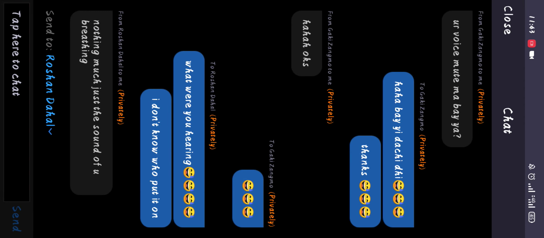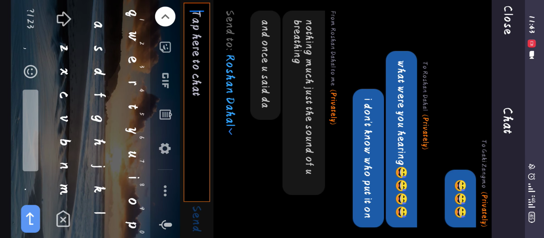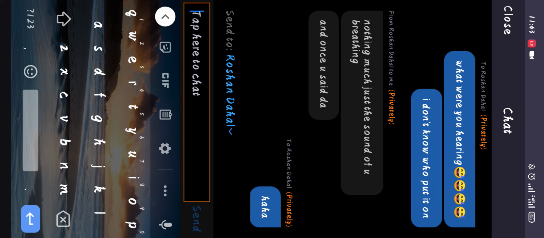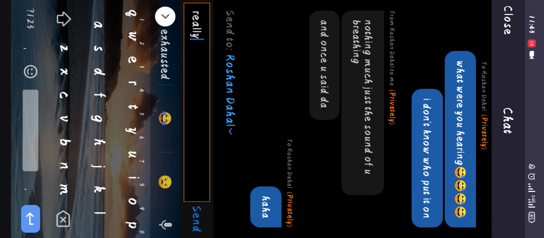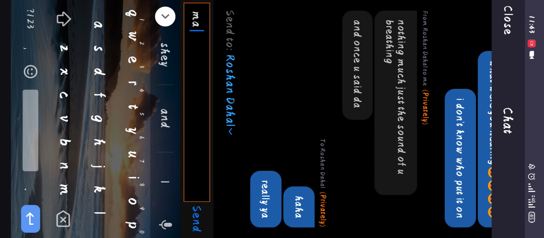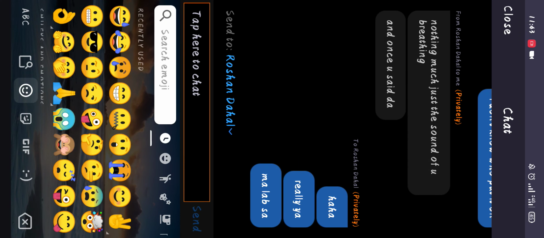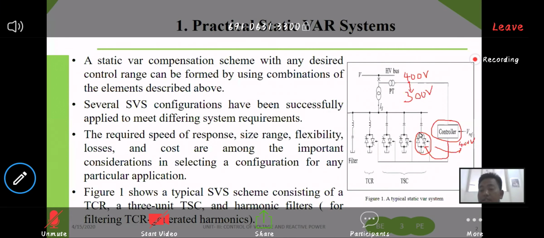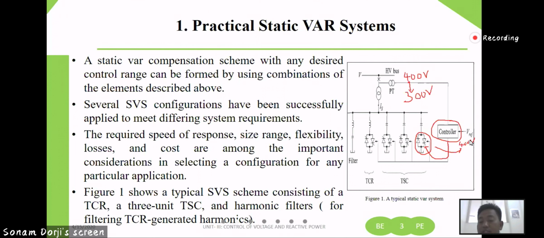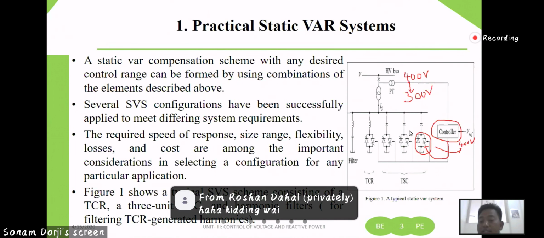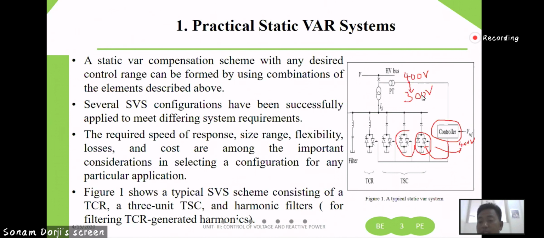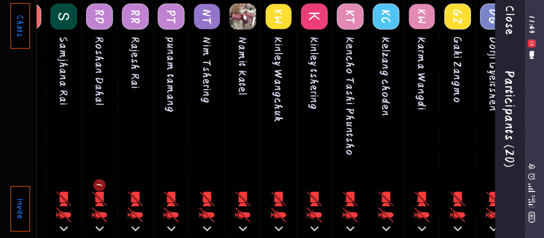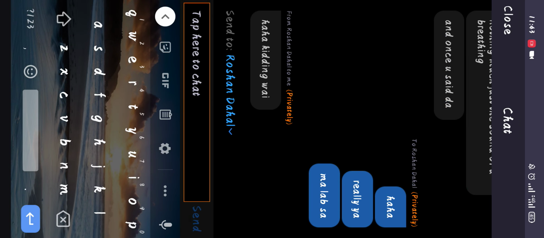Based on that, it will command the TSC to switch on, so that the voltage is brought back to the reference voltage of 400 volt. So your controller will sense that and command it to switch on. This TSC will bring back the reference voltage, or you may have to switch on another TSC to bring it back, depending upon the magnitude of your voltage drop. So it will bring it back. It is like this.